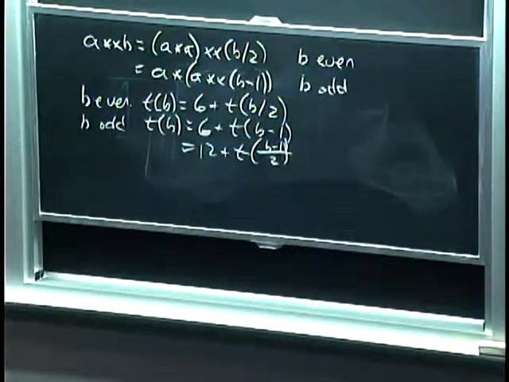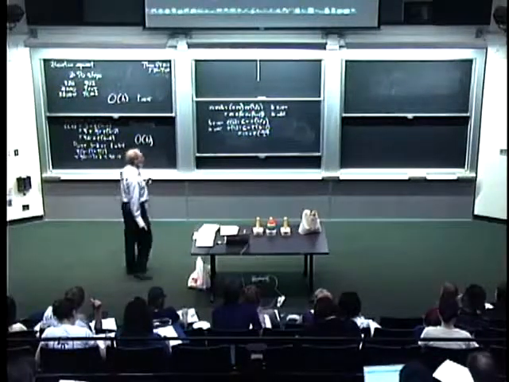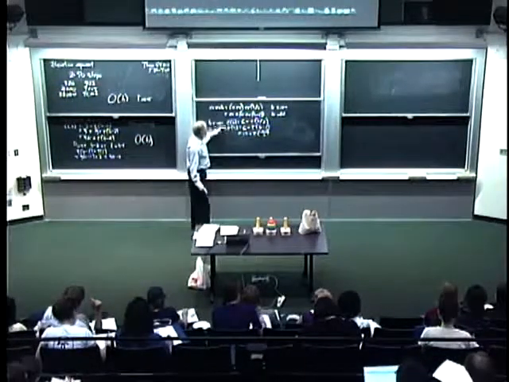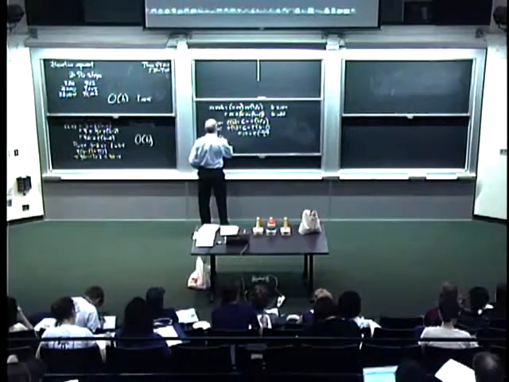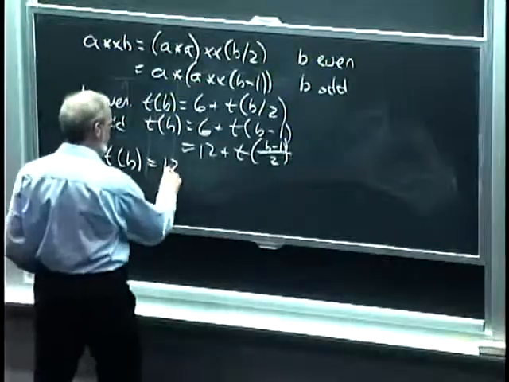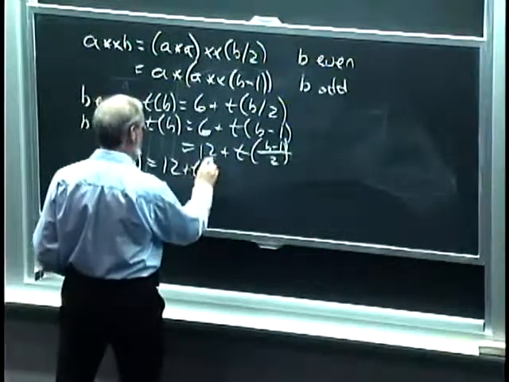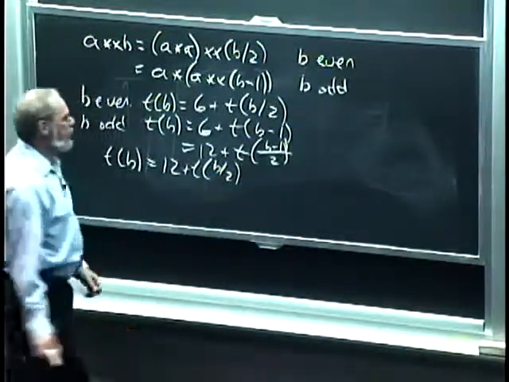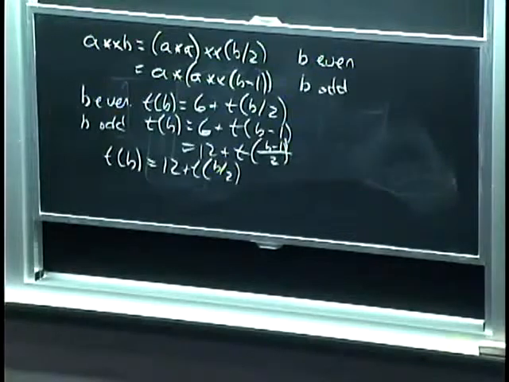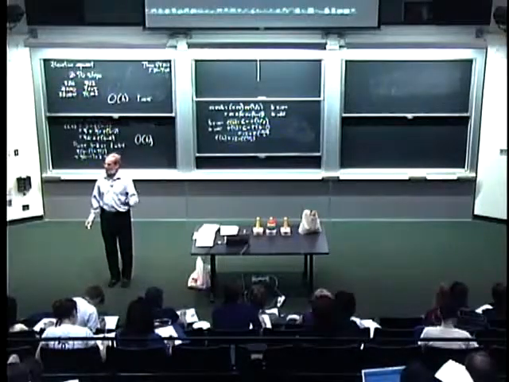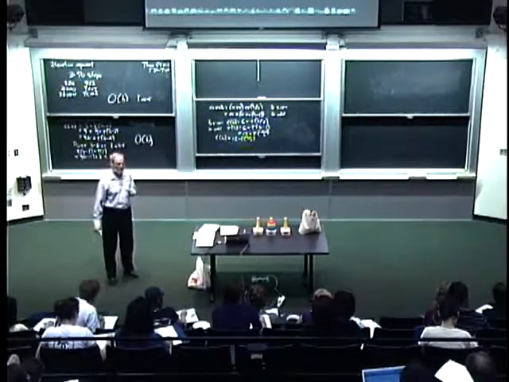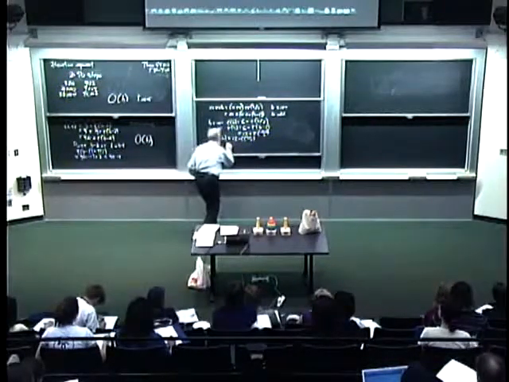Don't sweat the details here. I just want to see the reasoning goes through it. What I now have, though, is a nice thing. It says in either case, in general, t of b, and this is where I'm going to abuse notation a little bit, but I can basically bound it by 12 steps plus t of b over 2. Okay, the abuse is, it's not quite right. It depends whether it's already even, but you can see in either case, after 12 steps, 2 runs through this, I'm down to problem size b over 2. Why is that nice?